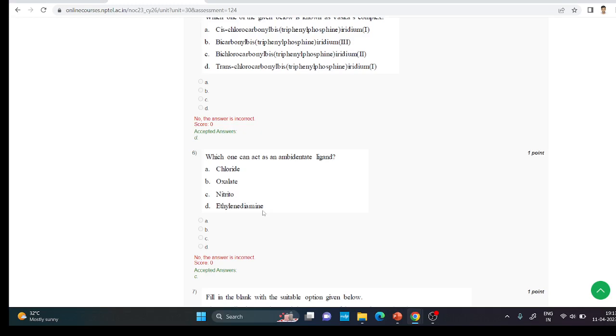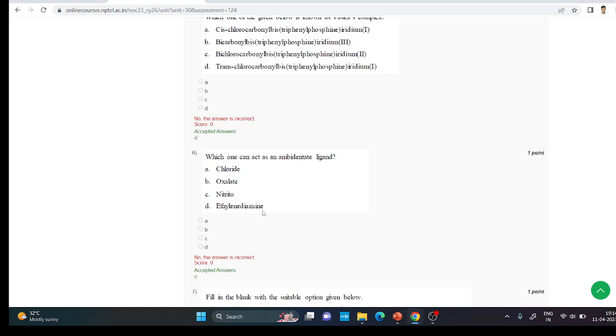Because oxygen is also a donation site and nitrogen is also a donation site, one at a time. Otherwise, Cl is a monodentate ligand, oxalato is a bidentate ligand, ethylenediamine is also a bidentate ligand with two nitrogen donor atoms, oxalato has two oxygen, chlorine is a monodentate ligand.